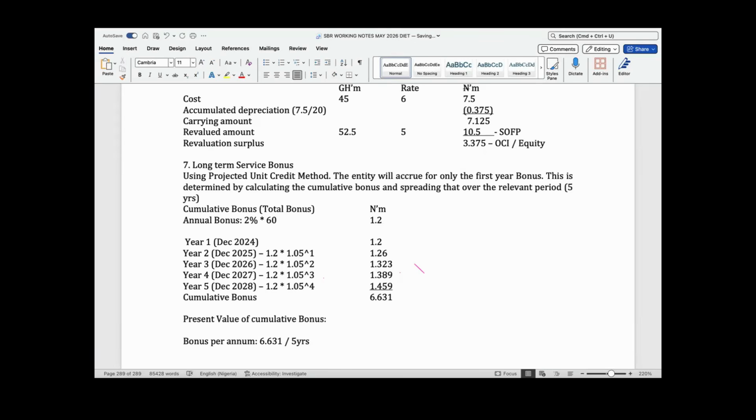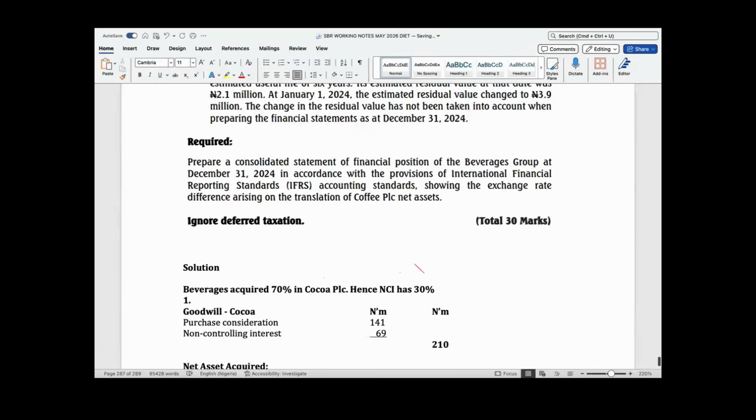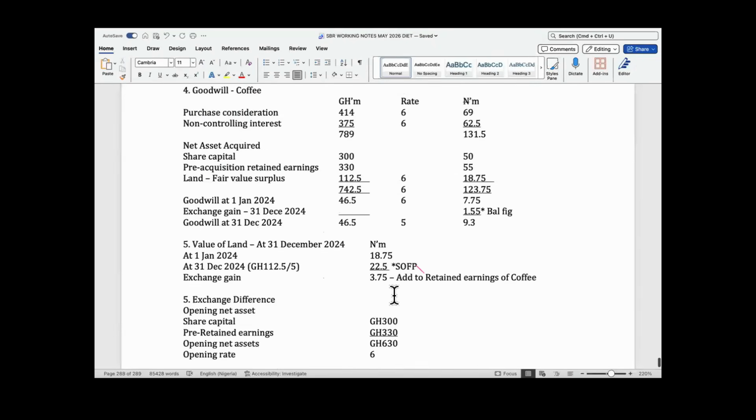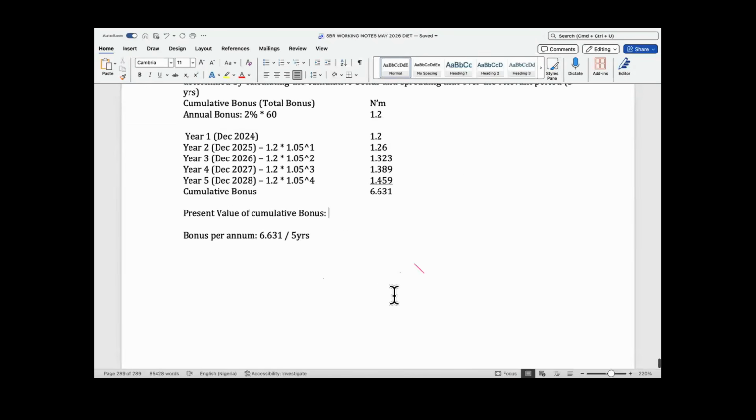Since they give me a discount rate of 8%, let me do 6.631 times 1.08 raised to the power of minus 5. What would that give me?